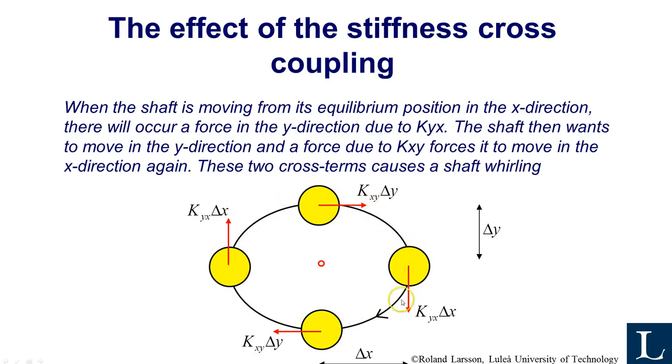It wants to circle around the stability point, and it may circle in bigger and bigger orbits, and finally it may crash into the bearing itself and destroy it. And in the next part we will discuss how to find out when this happens.